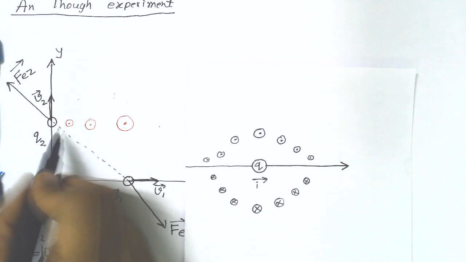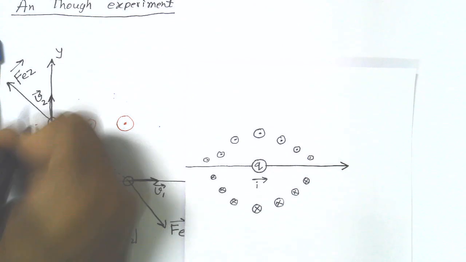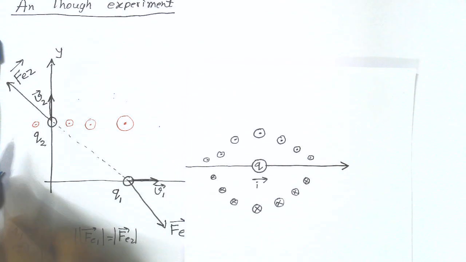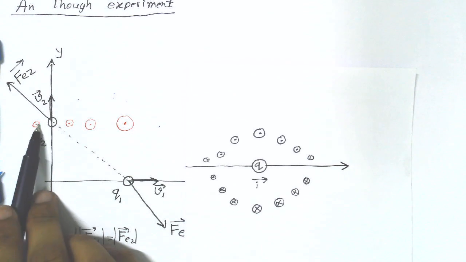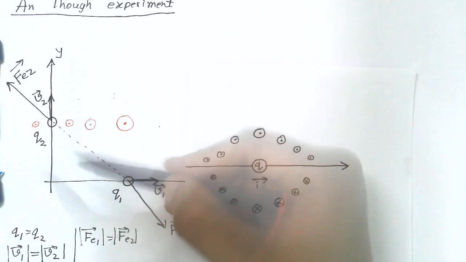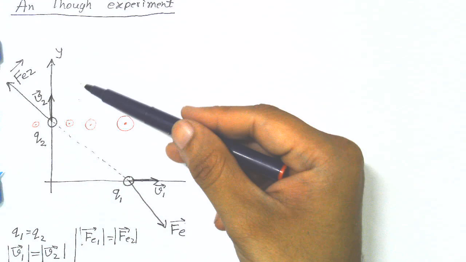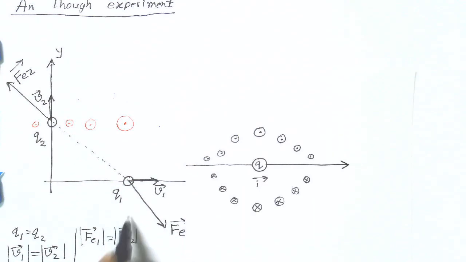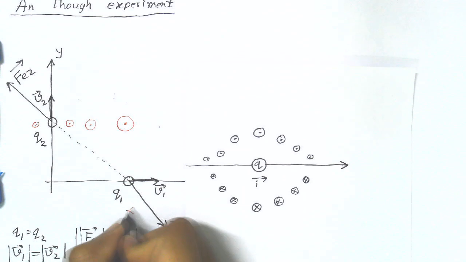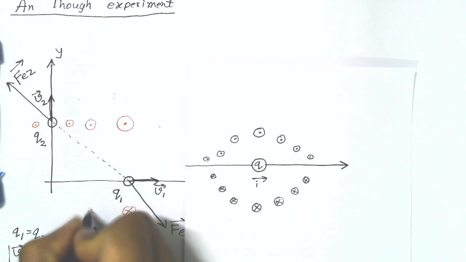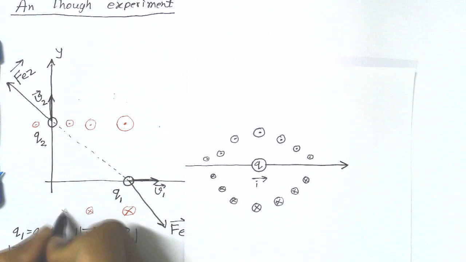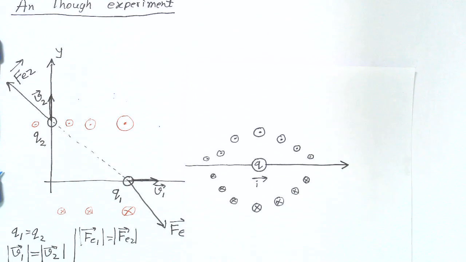But everywhere it is coming out from the plane of paper on the upper side, and on the lower side it is entering the plane of paper. Here, everywhere it's entering on this lower side.